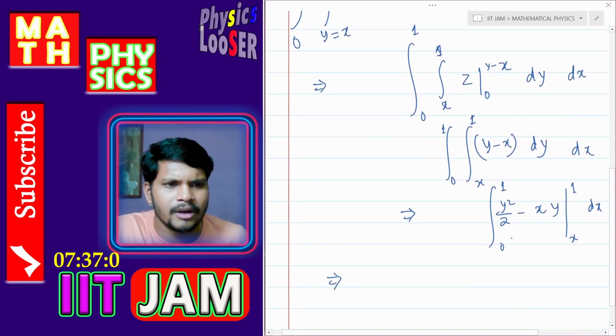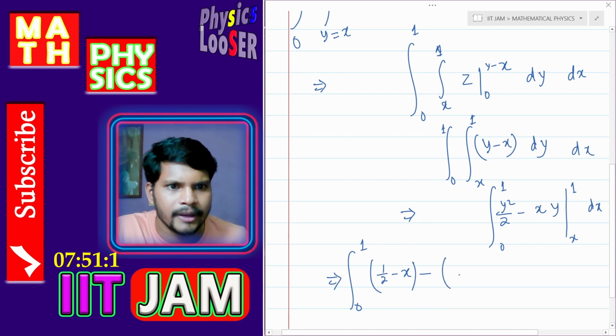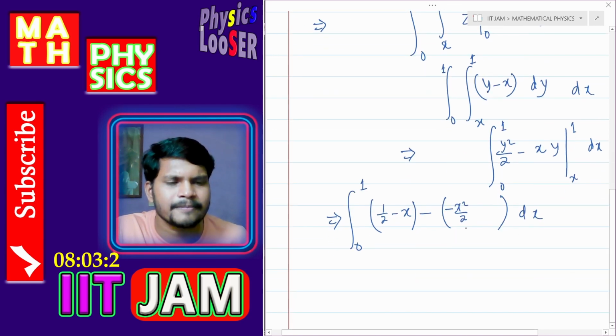So from here, y squared by 2 minus xy, I just have to put in the upper limit first: half minus x, then negative of x squared by 2 minus x squared. So x squared minus x squared by 2 becomes minus x squared by 2, and dx.